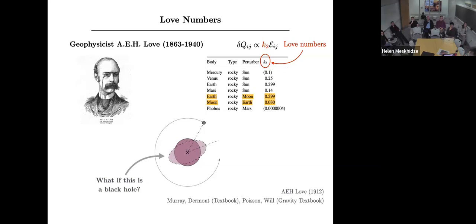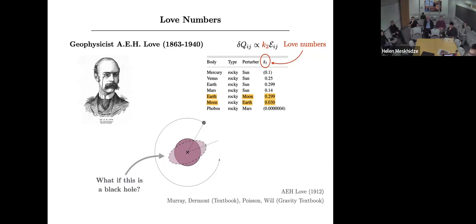So here is the linear relationship of this tidal deformation. Delta Q is the induced change in the quadrupolar structure of a body that gives rise to this quadrupolar deformation. E is the external tidal field, and the constant of proportionality of this response is what is known as the Love number.